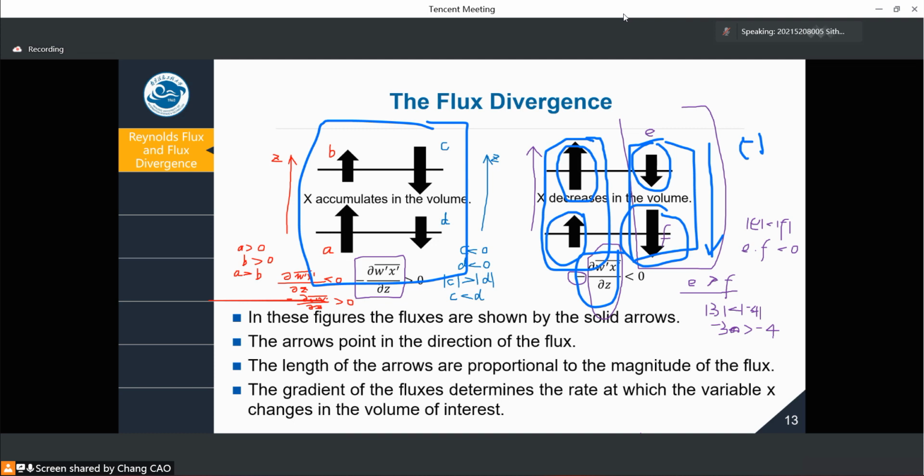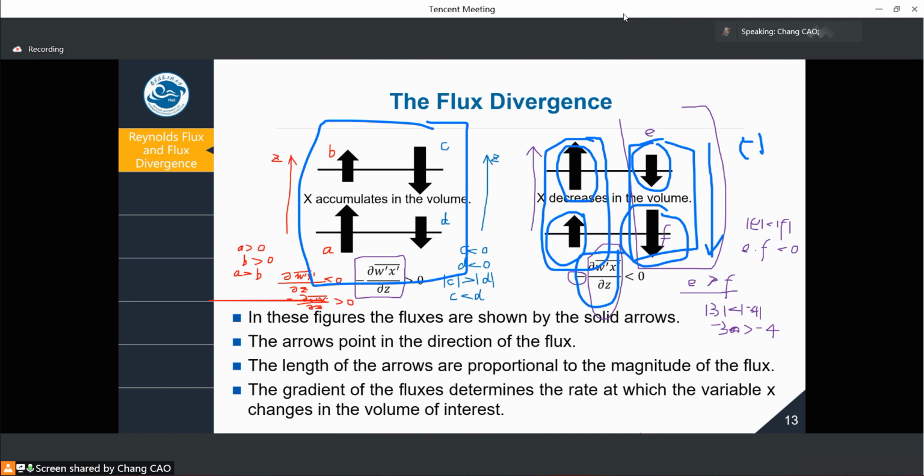Yes. So the length of the arrow does not take the sign into account here. It just represents the absolute value. So of course, F is longer than E, so the absolute value of F is bigger than E. But because the arrows point downward, E and F are negative values.